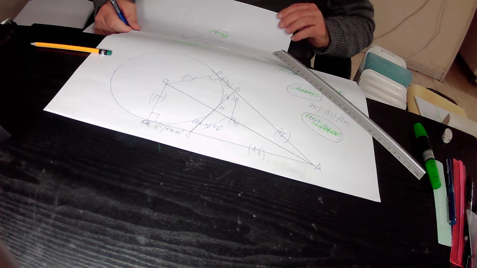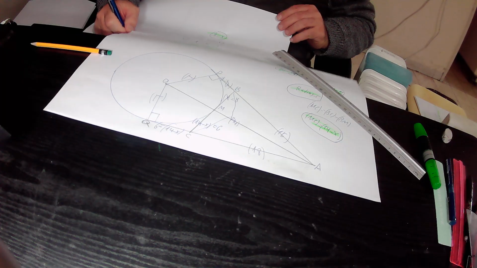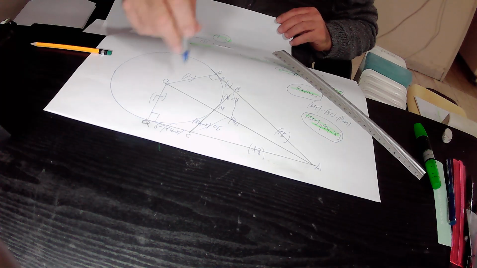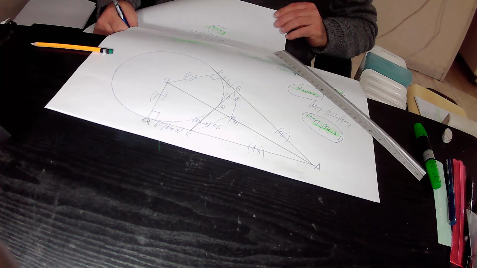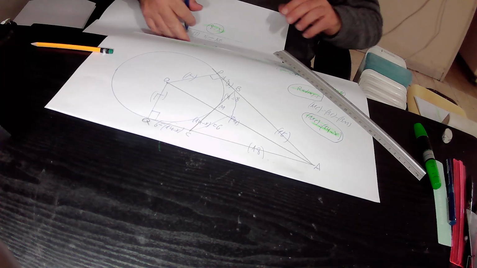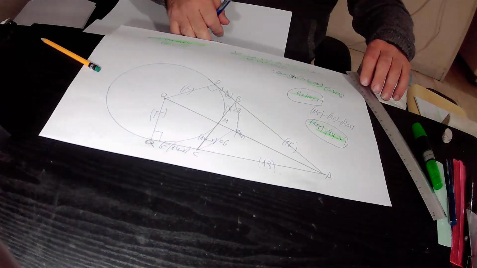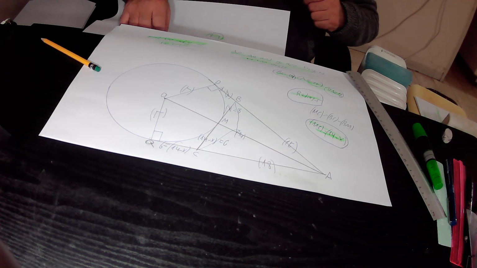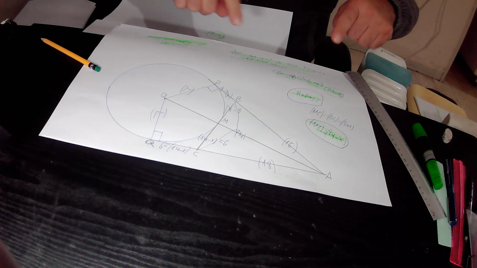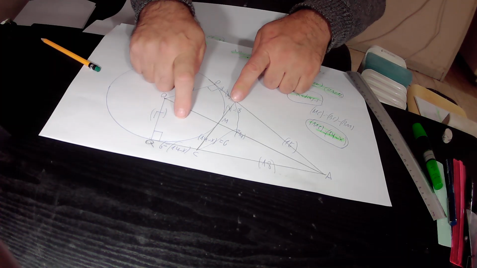The area of the big quadrilateral APOQ must be equal to the sum of the areas of the two components that it consists of. Quadrilateral APOQ consists of those two components.